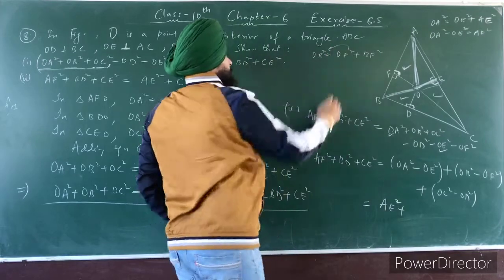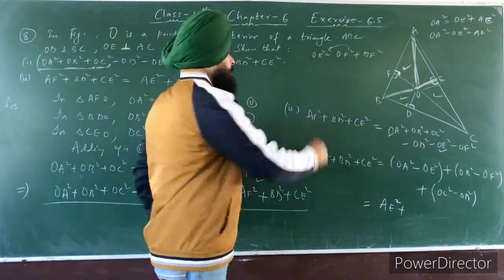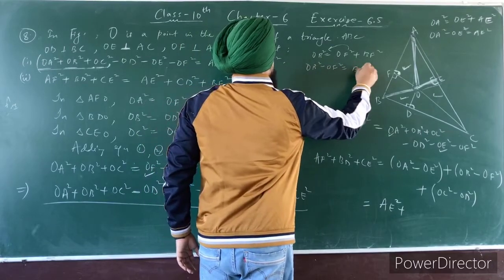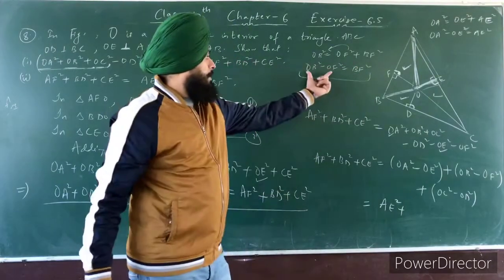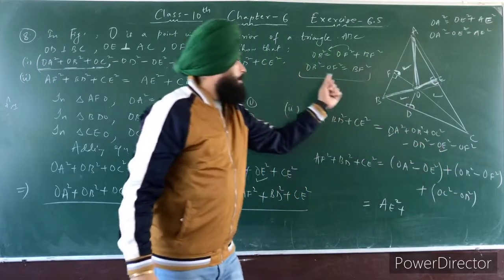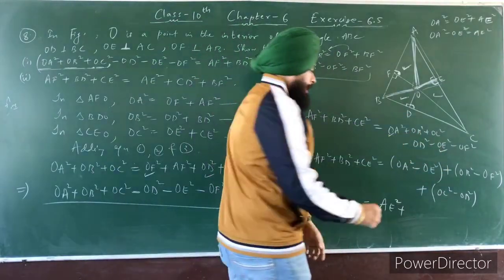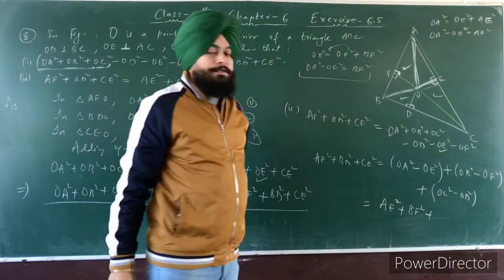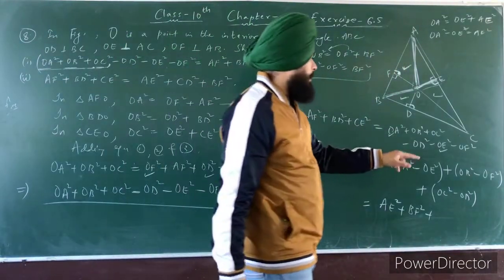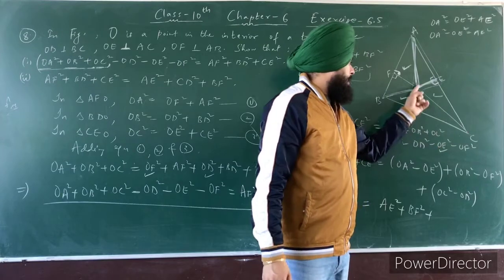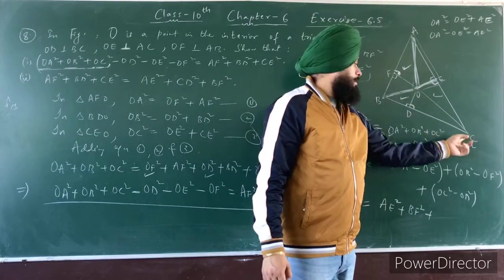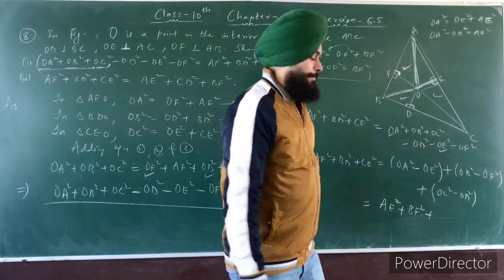Or you can take OF square on left hand side, so OB square minus OF square is equal to BF square. And the last, OC square minus OD square comes in which triangle? Triangle CDO, which is equal to CD square.